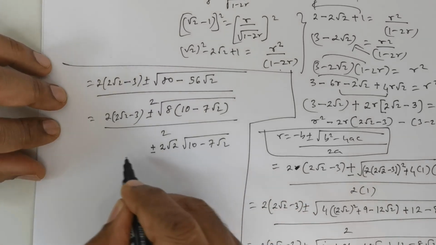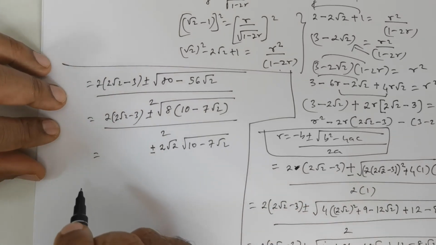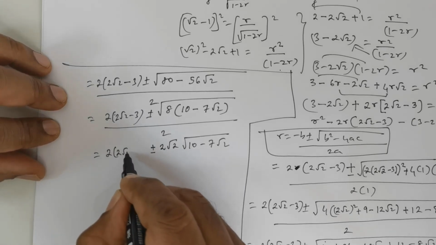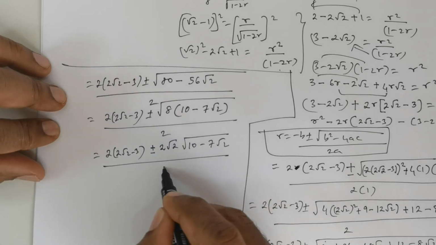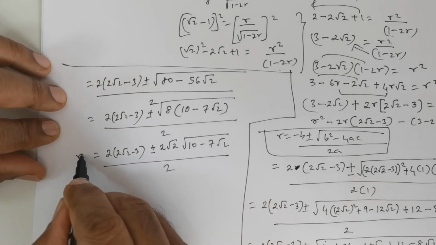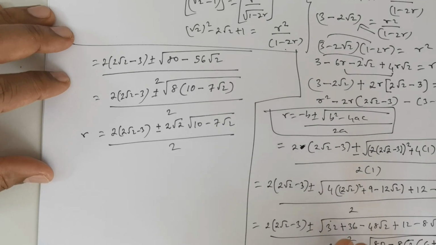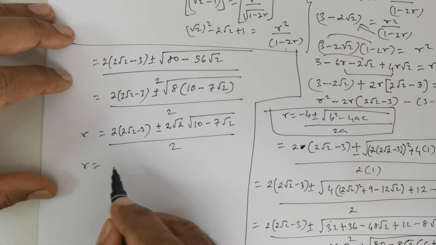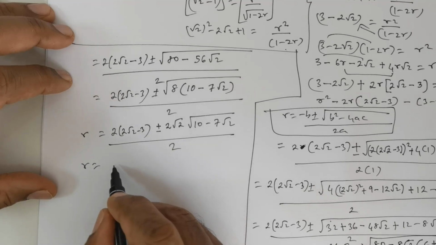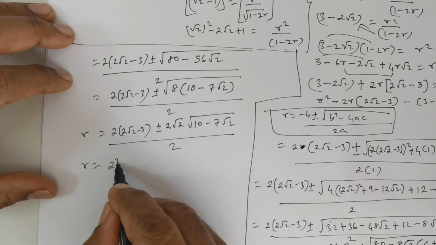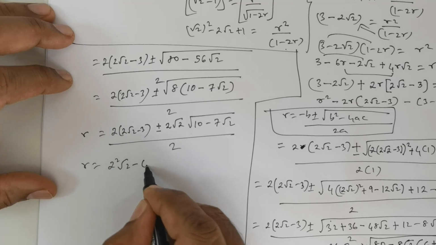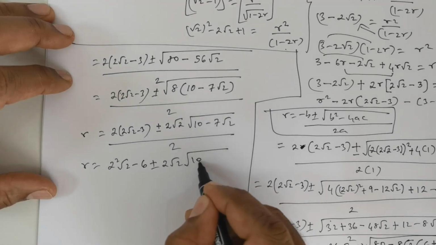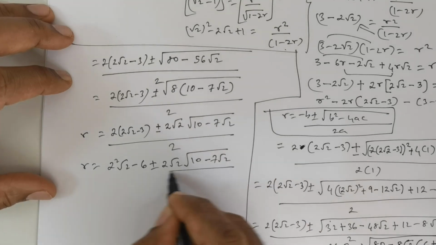So plus or minus, this is going to give me 2 times (2 root 2 minus 3) divided by 2. So all of these values will result in producing the value of R, but I need only the positive value. So I'm going to take R to be only positive. So this is going to be 2 root 2 minus 6 plus or minus 2 times root 2 times root of 10 minus 7 times root 2.